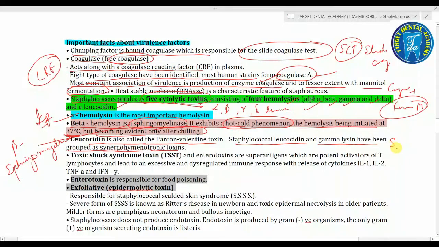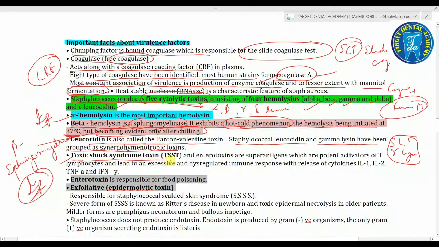The Staphylococcal leukocidin and the gamma lysin are grouped as synergohymenotropic toxins.